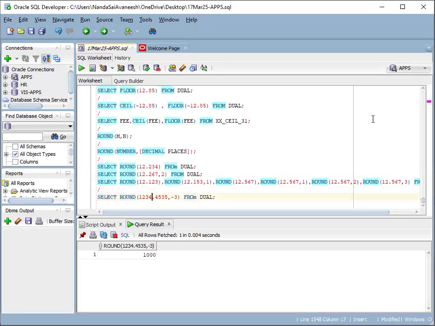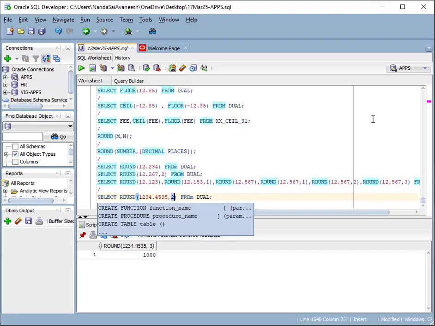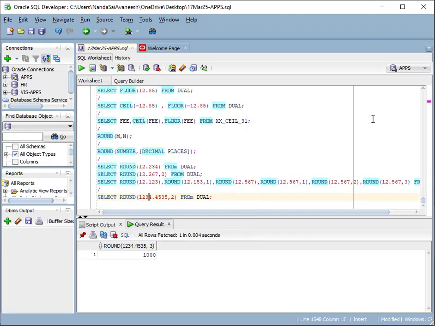Suppose I say only 2, then 123.4535 will become 1234.45 only, because this digit is 3 only, so it is not adding to this value. Suppose this is 7, then it will add here.